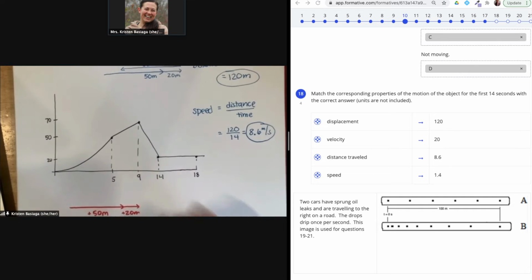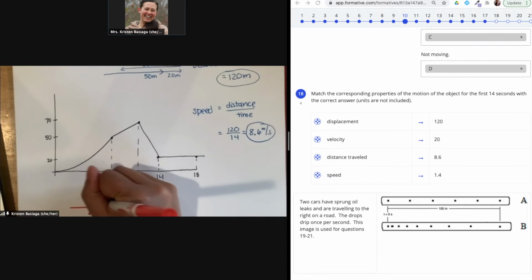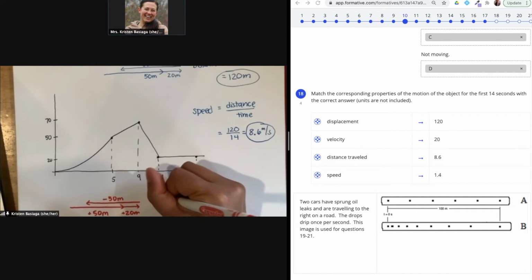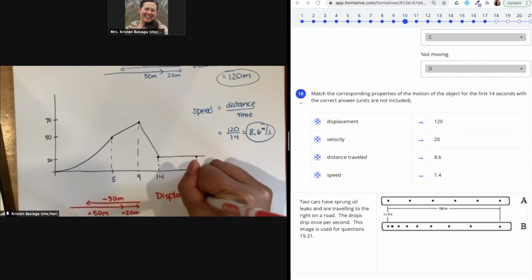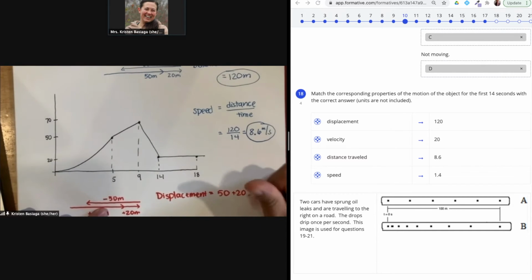Notice this time I'm putting signs on here. It reminds me that next time for C, they walk negative 50 meters backward. So when I calculate displacement, I'm doing the same addition that I did before. It would be 50 plus 20 minus 50.